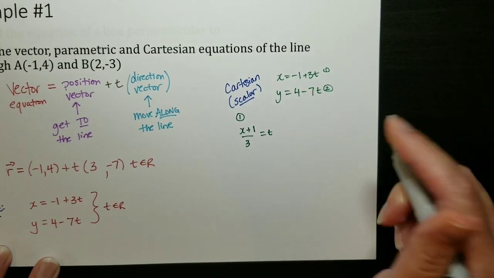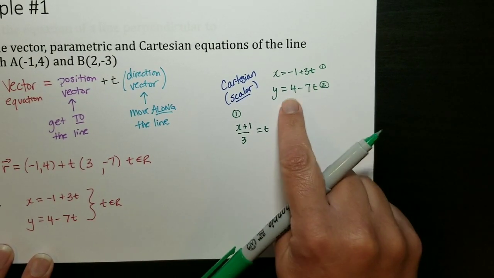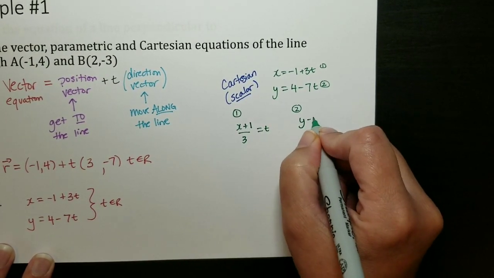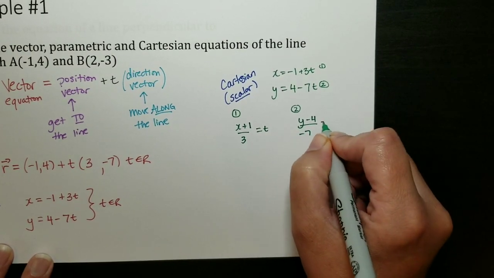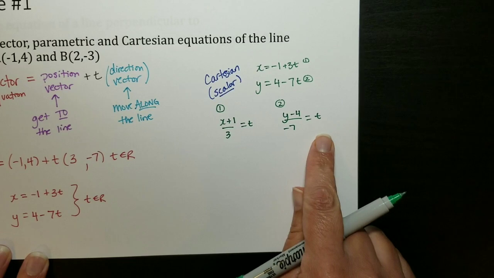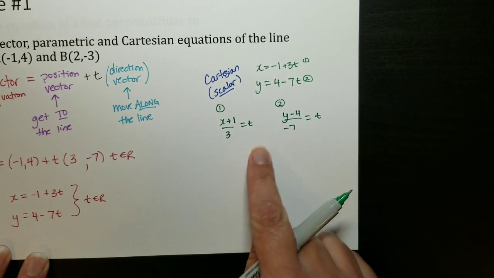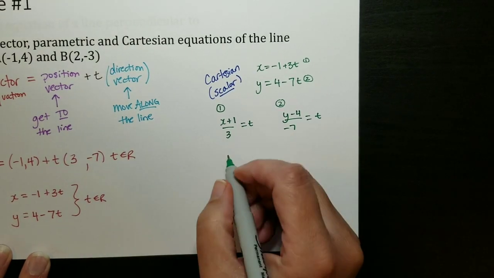I'm just skipping a step there, but I think we should mostly be okay with that. And then y minus 4 over -7 equals t. So then I have two equations that are both equal to t. I can make those equal to each other and just cross multiply and simplify.